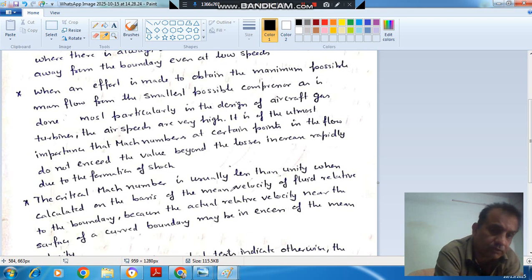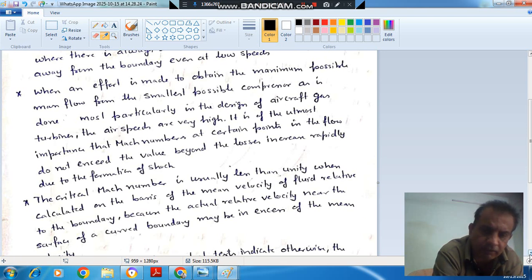The mean velocity can provide a Mach number which is less than 1, but the relative velocity is the main criterion for calculating the Mach number. On the surface it can make the Mach number more than 1, which can cause shock.